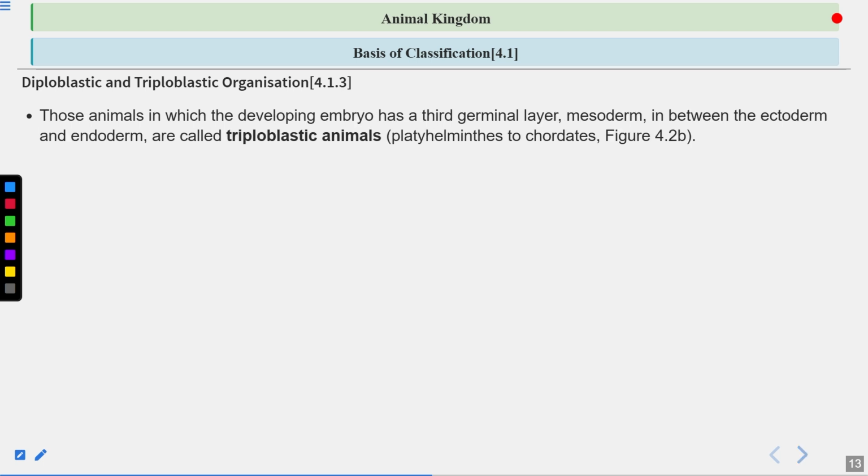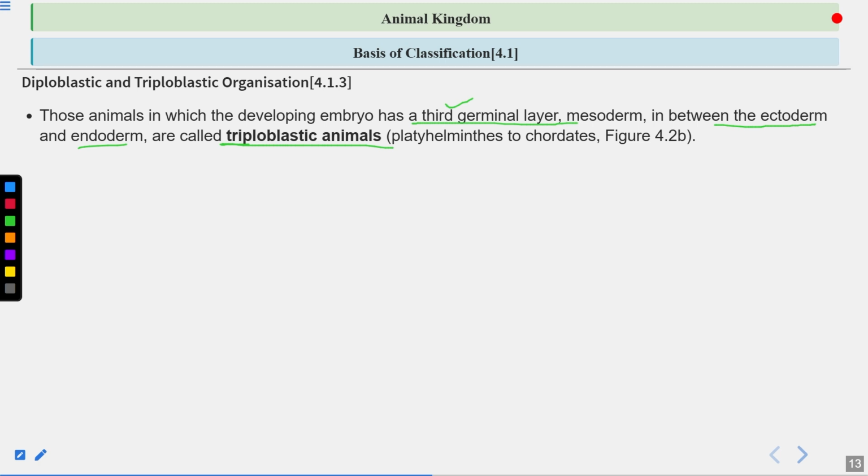Now, those animals in which the developing embryo has a third germinal layer, the mesoderm, in between the ectoderm and endoderm, are called triploblastic. Triplo means triple, blastic means layers of cells, so three layers of cells are there. They are quite advanced.